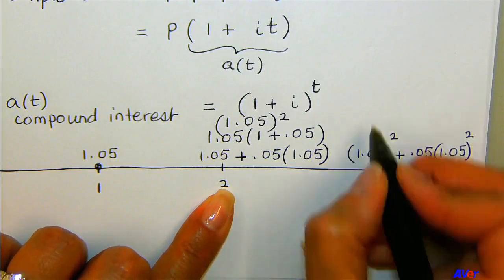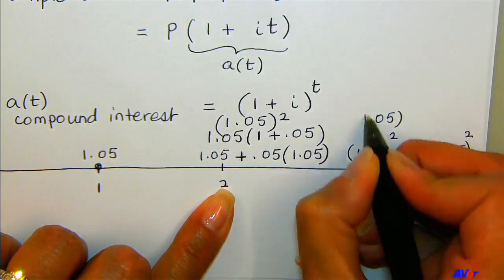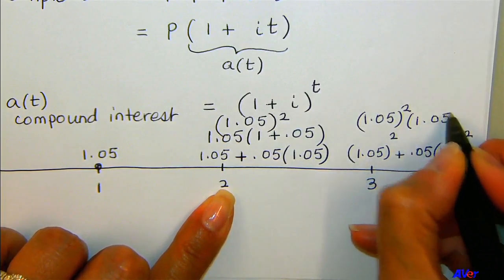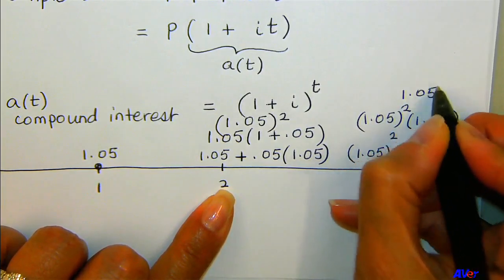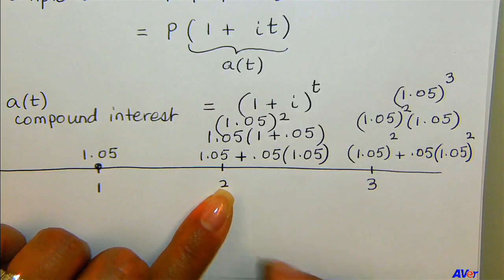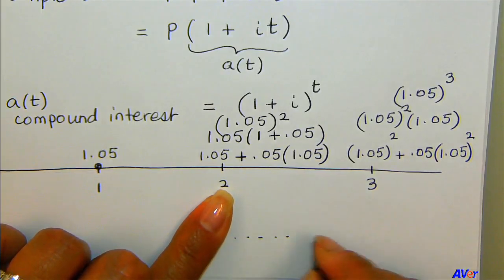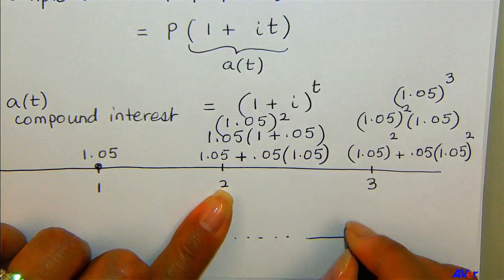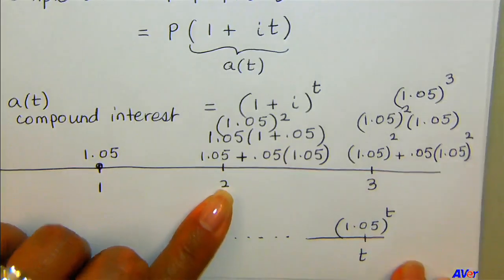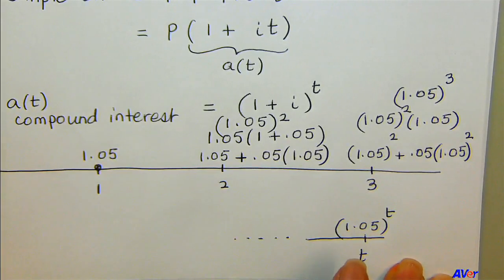In other words, factor out that 1.05 squared, and you're left with 1.05. So you have 1.05 to the third power. Get it? Similarly, at time t, you would have 1.05 to the t. That's where that formula comes from for compound interest.